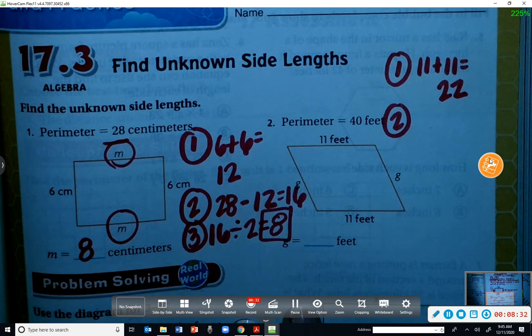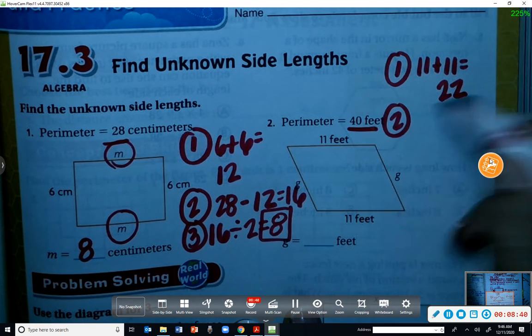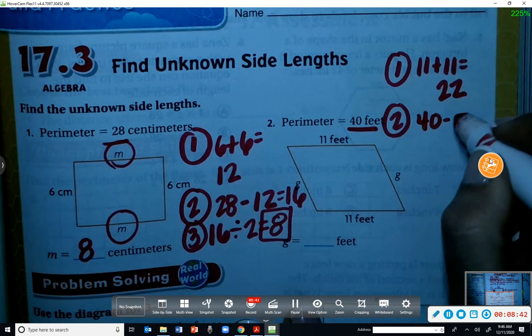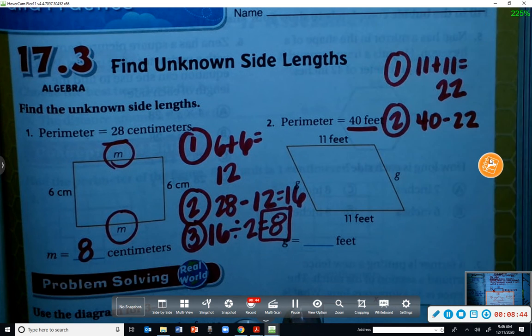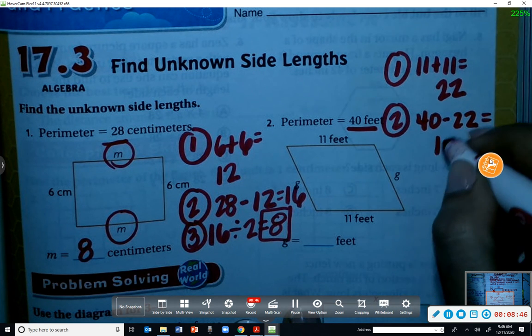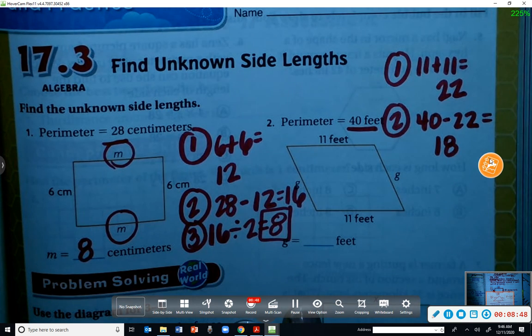Step 2. You add. No, 48 minus 22. Aaliyah? Subtract. Subtract the perimeter minus 22 equals 18. Okay. Now, do I need to do one more thing?